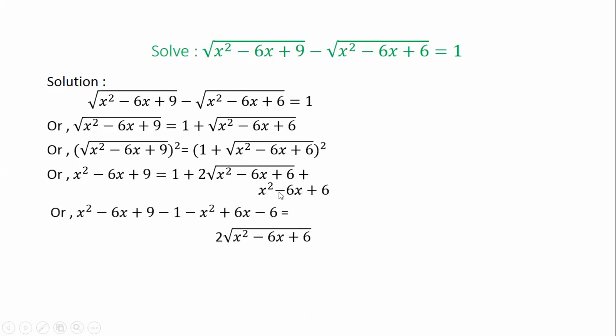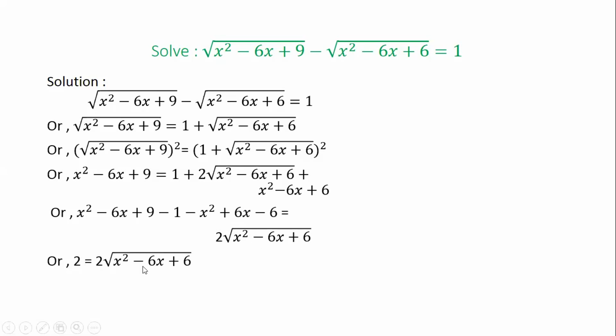But if we change the sign for this term, then we get x square minus 6x plus 9 minus 1 minus x square plus 6x minus 6 equal to 2 root over x square minus 6x plus 6. After calculating, we get this equation because x square minus x square equal to 0, minus 6x plus 6x equal to 0, minus 1 minus 6, that means minus 7, 9 minus 7 equal to 2.